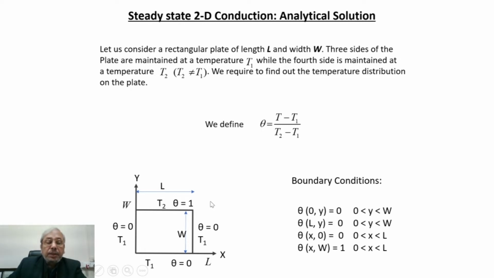That is the non-dimensional condition. Otherwise, dimensionally, left side T1, bottom side T1, right hand side T1 and top side T2. Now, L is the length of the plate, W is the width of the plate.